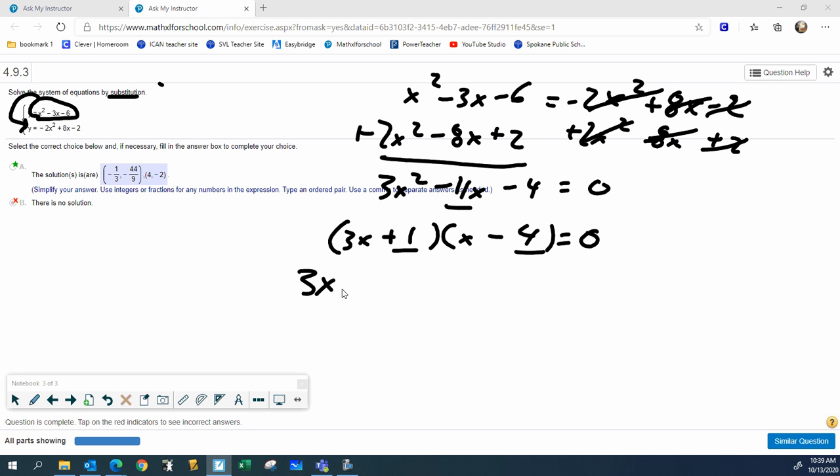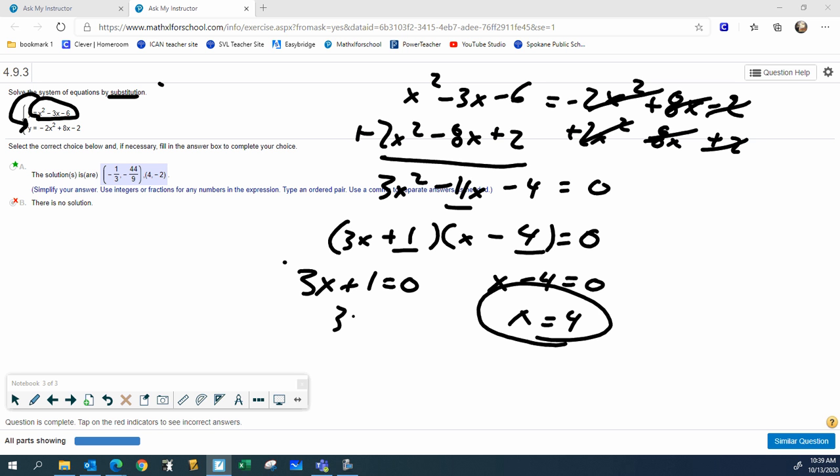So I know that 3x plus 1 equals 0, or x minus 4 has to equal 0. And so the right one's a little easier to solve. Add 4 to both sides, I get x equals 4. There's one solution. If I subtract 1 from both sides, I get 3x equals negative 1. And then divide by 3, I get x equals negative 1/3.